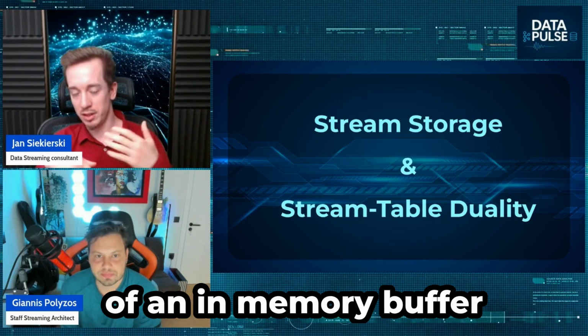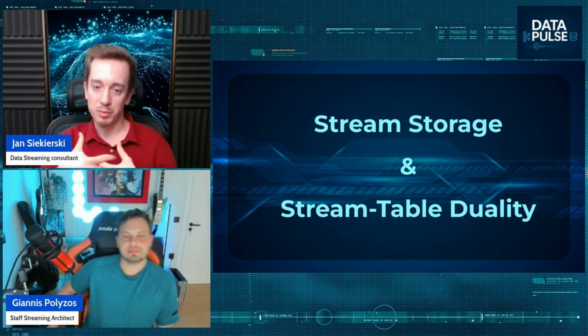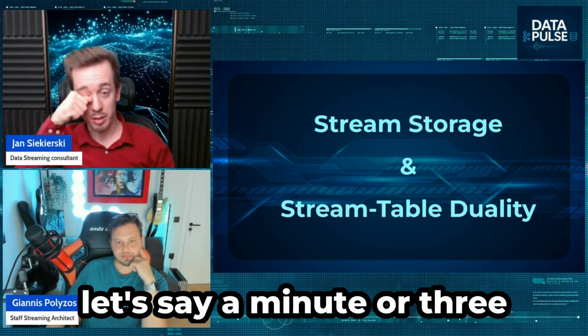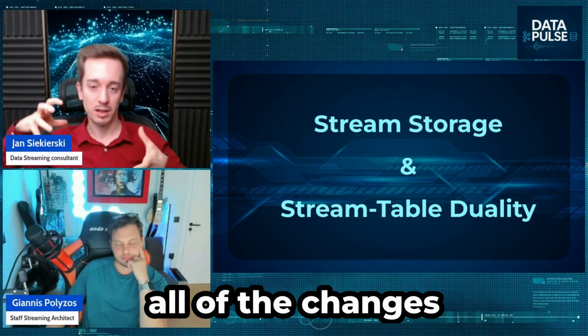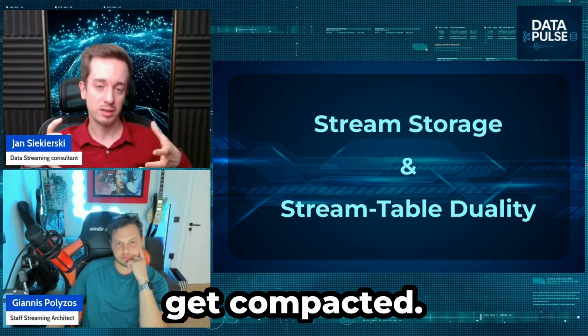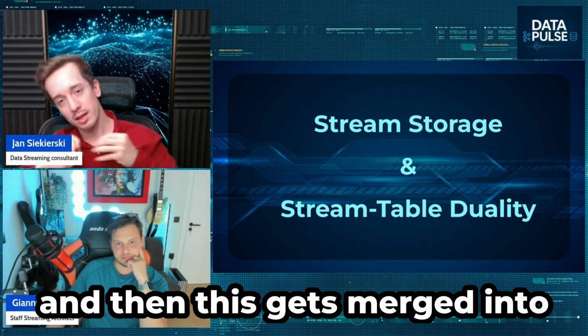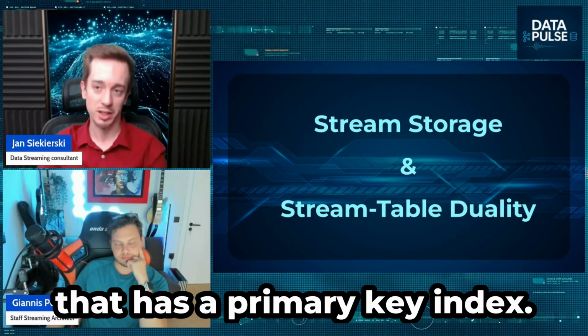That's kind of an in-memory buffer, but you can consume from it directly as well, as far as I understand. But then every specified period of time, let's say a minute or 3 minutes or whatever, this gets compacted, and all of the changes get compacted. So only one change per primary key remains, and then this gets merged into this large LSM tree that has a primary key index.